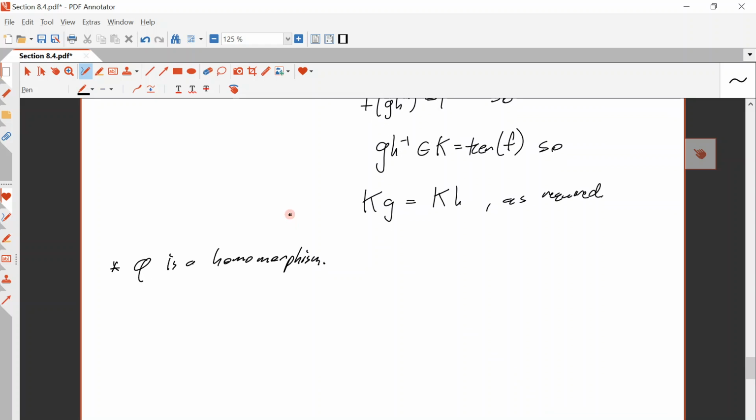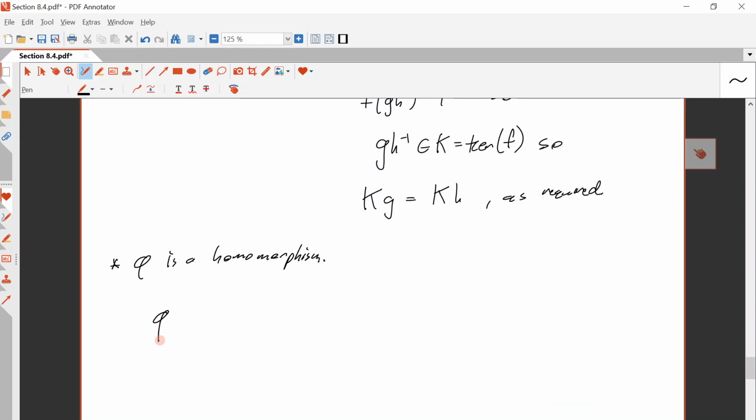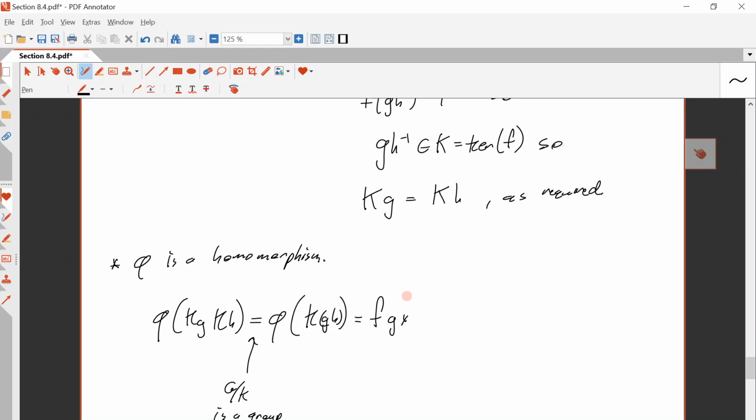All right, this one is easy. Phi of Kg times Kh is equal to, well, because G mod K is a group, this is phi of the coset Kgh, which is equal to F of gh. That's the definition of phi.